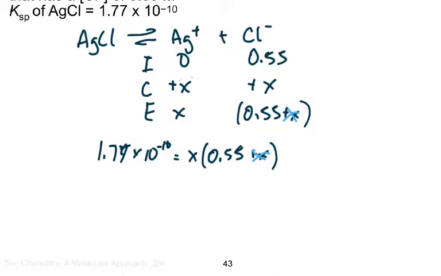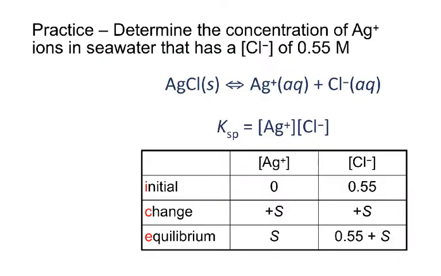And then we can solve for our X, which is 1.77 times 10 to the minus 10 divided by 0.55. So I get an X value of 3.22 times 10 to the minus 10 molar, which is very small.